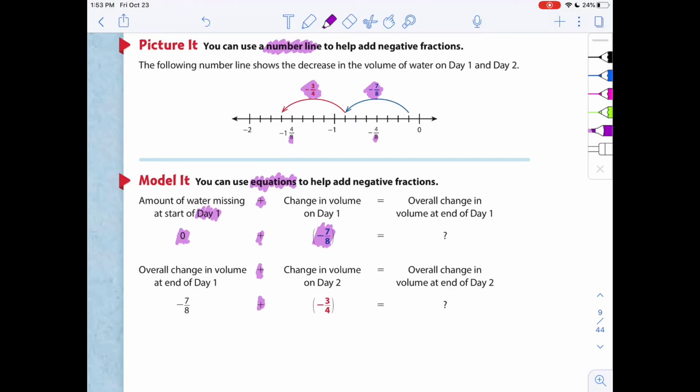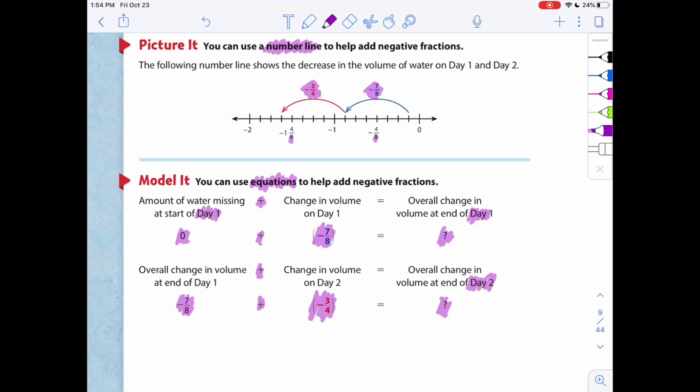The negative sign is telling us it's decreasing. So then we can find that change over day 1. Then day 1 decreases by 7/8 and day 2 decreases by 3/4. Again, they're both negative because we're talking about decreasing. So then we could calculate the change at the end of day 2.